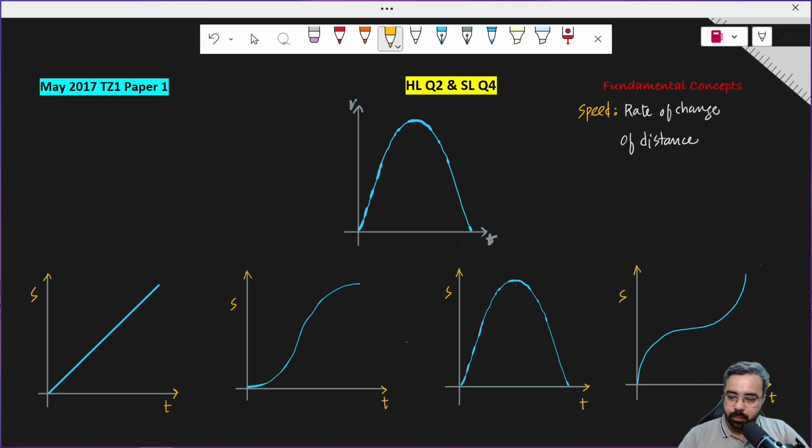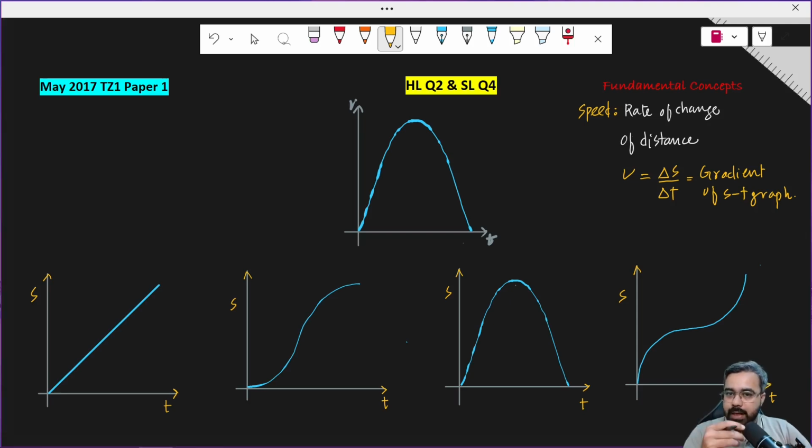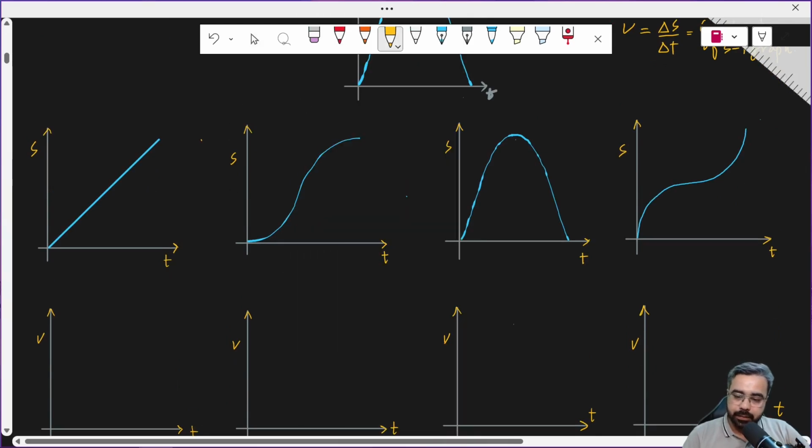So whenever we calculate the speed from the graph, it is basically delta s over delta t, which is the gradient of the distance time graph. So it means that we will see which one of these following graphs' gradient gives us that shape of graph.